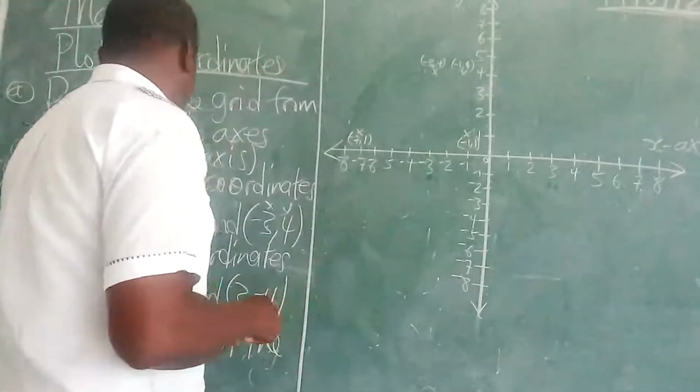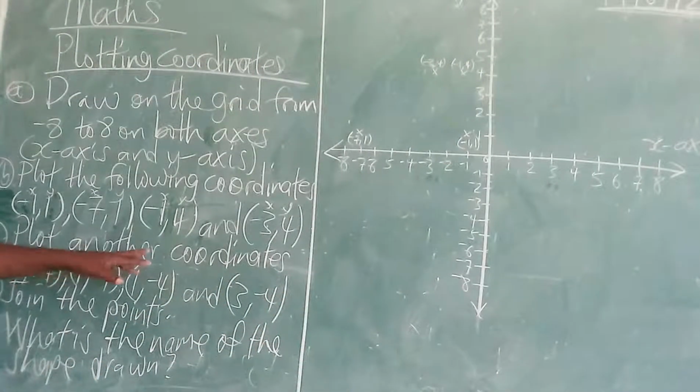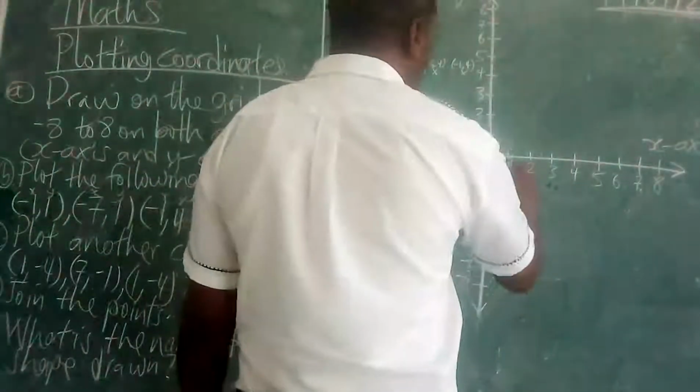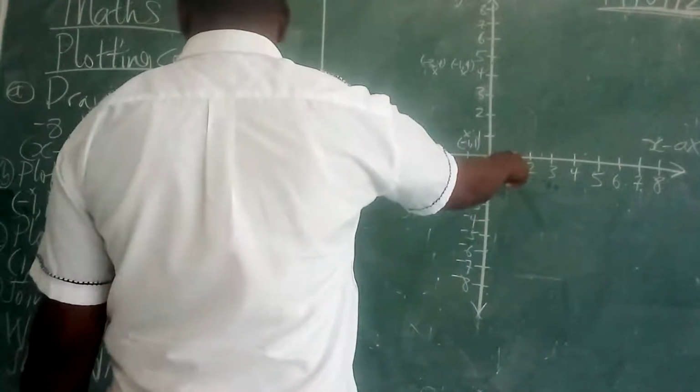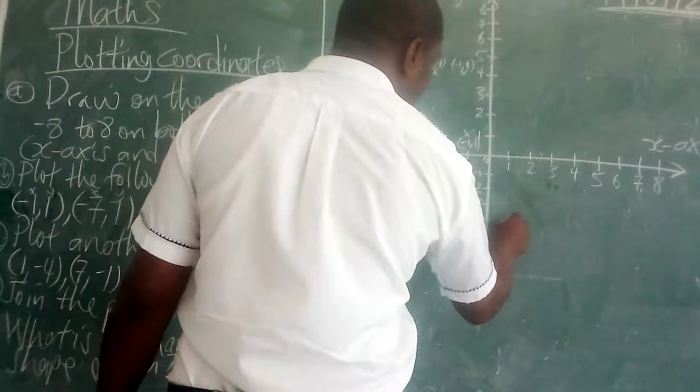Now, the next one, plot another coordinate. (+1, -4). +1 on the x-axis is here. Then the next one is what? -4. -4 is here, so they will meet here.